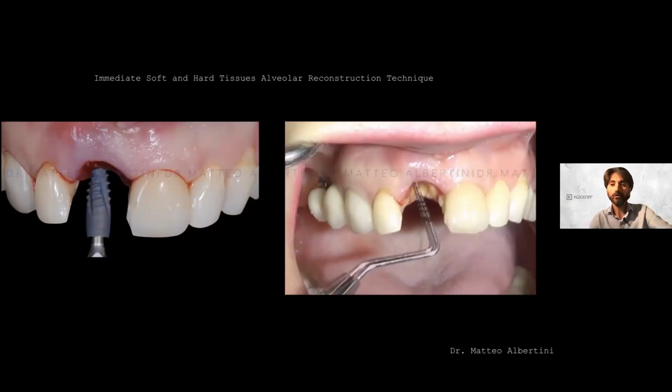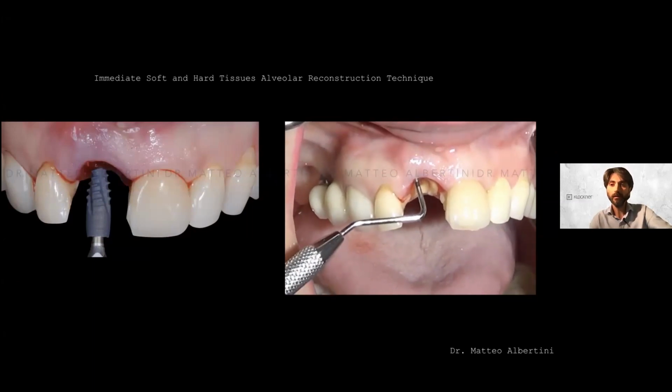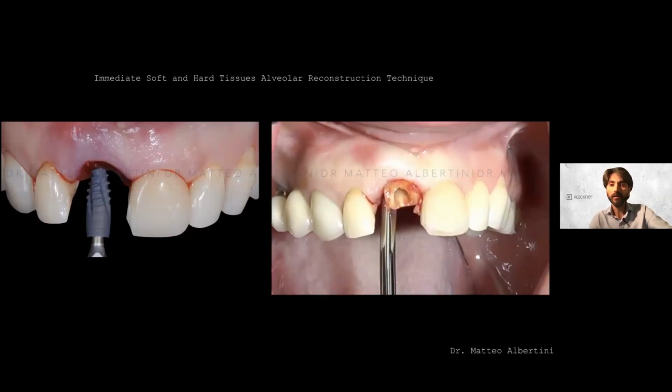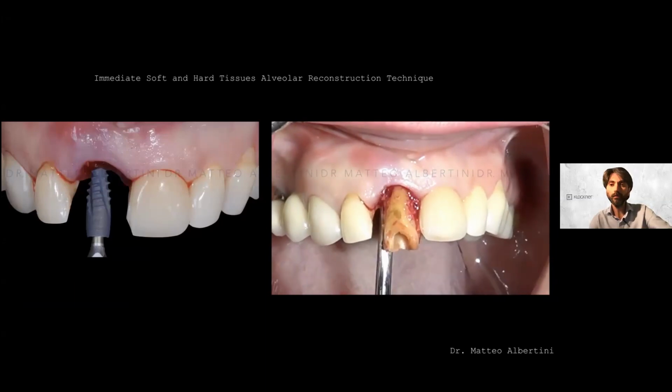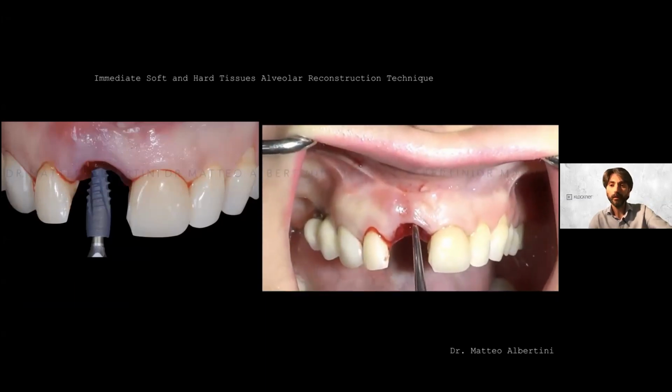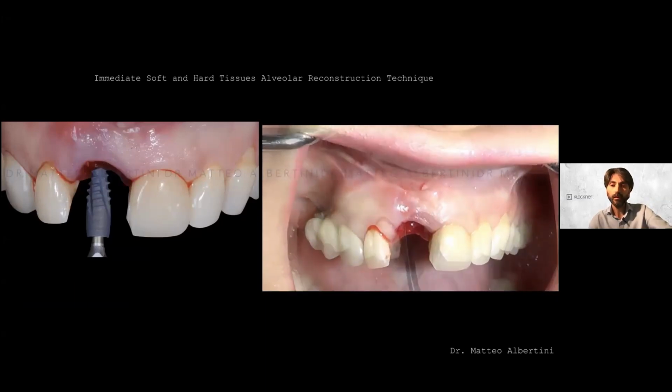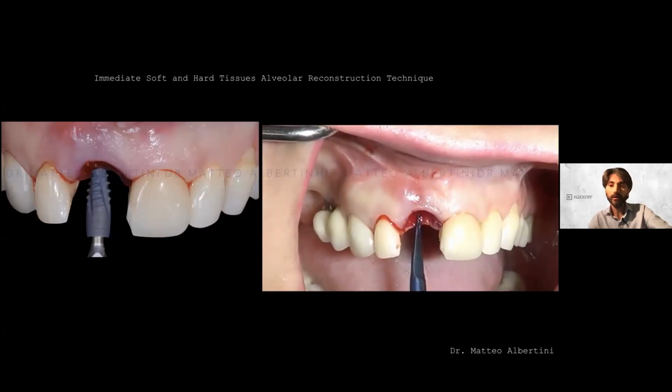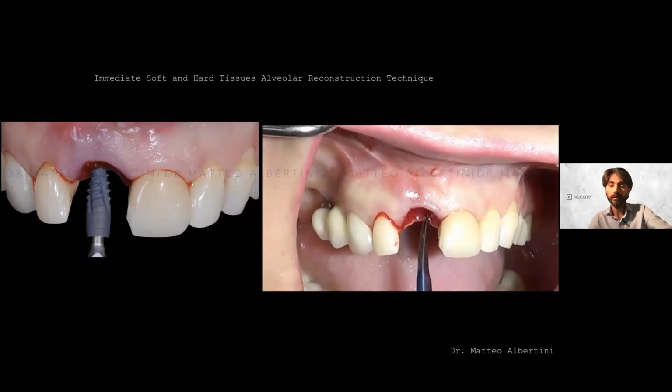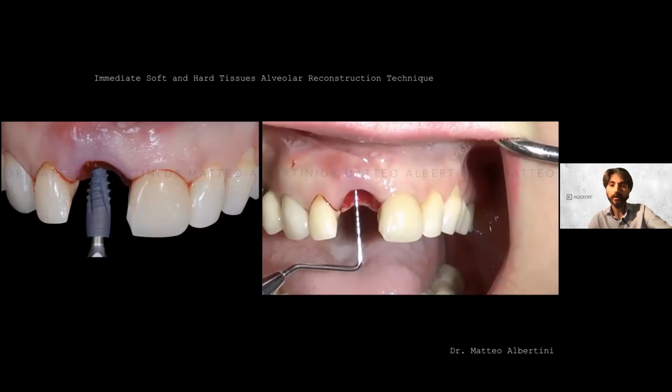Here we have to extract the tooth 1.1. You can see the absence of the buccal bone wall. So we have to remove the granulation tissues very carefully. You can see the probe.